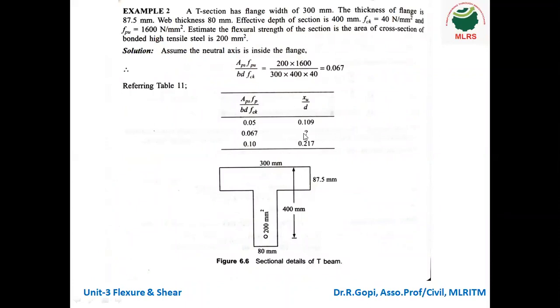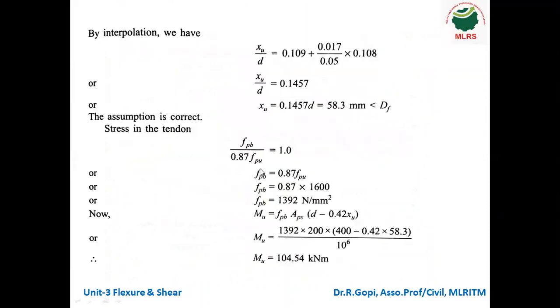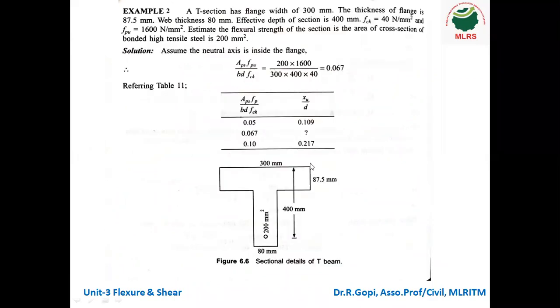From the table, for 0.05 we got 0.109, and for 0.1 we got 0.217 as the xu by d ratio. How do we calculate for 0.067? Using linear interpolation, first we write 0.109.